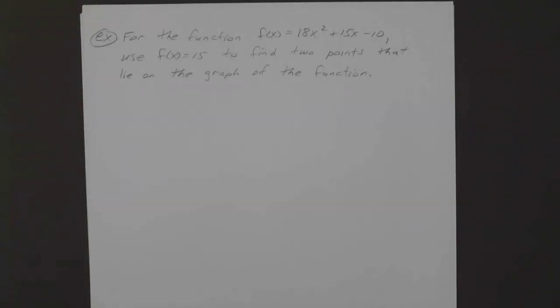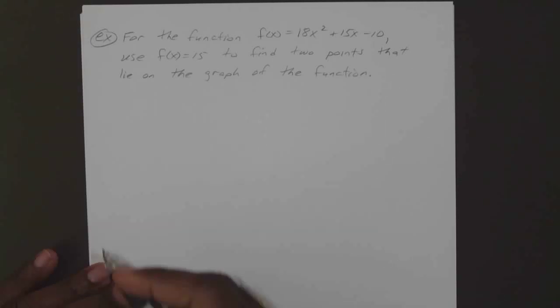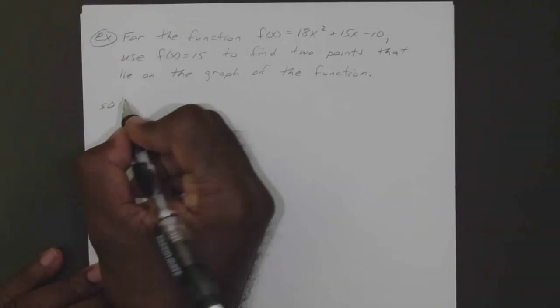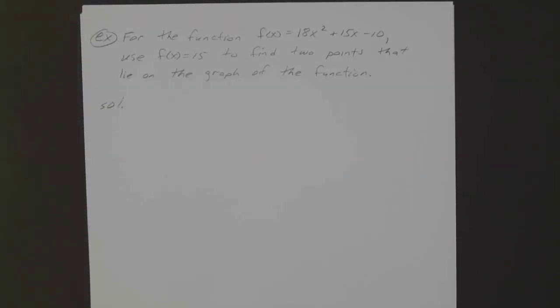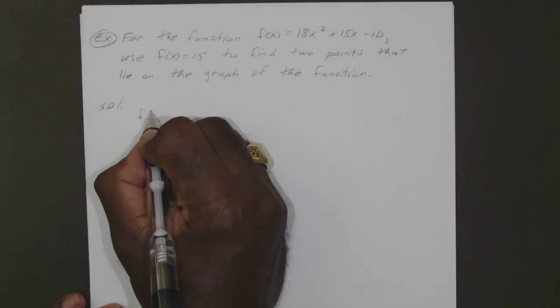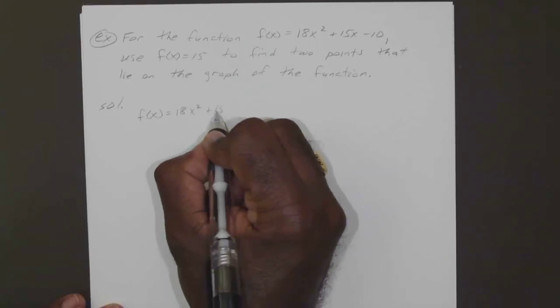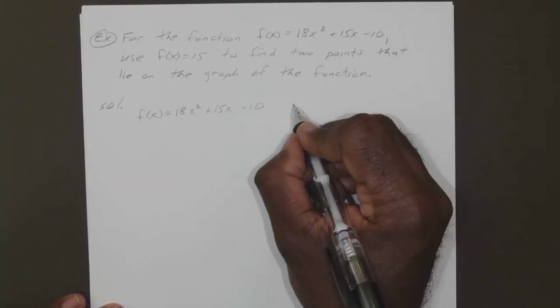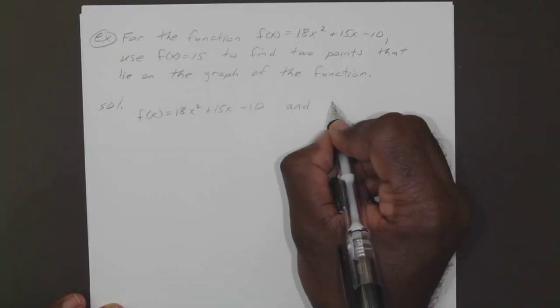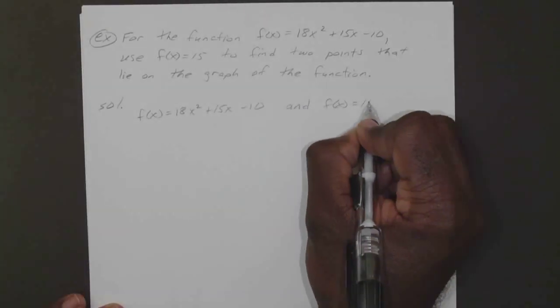Okay. So really what that's saying is you want to find 2 x values on that graph and then plug those in and you'll have 2 points. Okay. So we know that f of x is equal to 18x squared plus 15x minus 10, and that f of x equals 15.